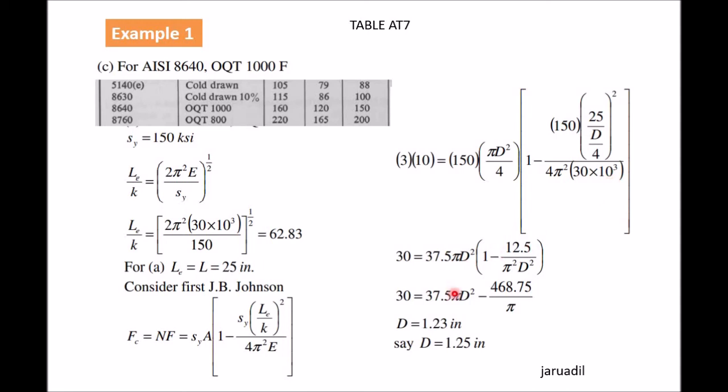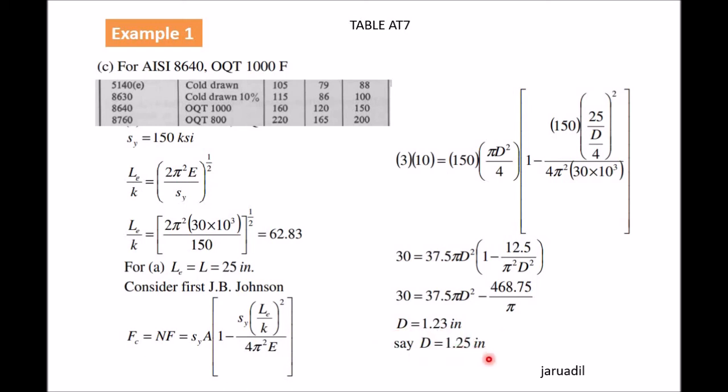So, we have here the diameter by simplifying. You can simplify this manually, and if you have your calculator, you can compute this immediately. So, we have diameter is equal to 1.23 inch. So, say, for standard purposes, let us use 1.25.